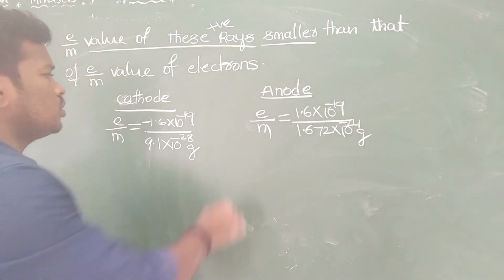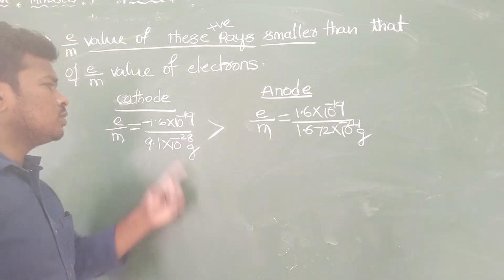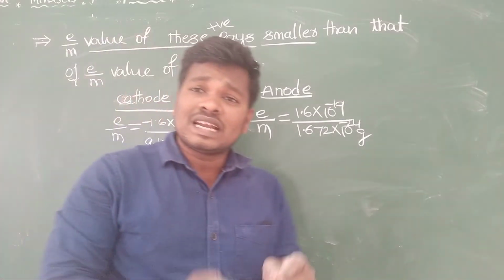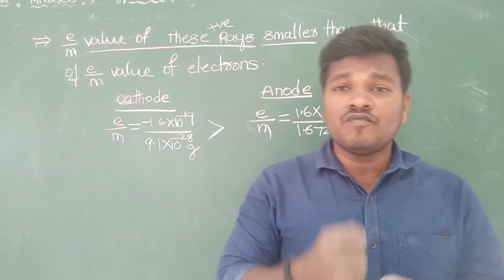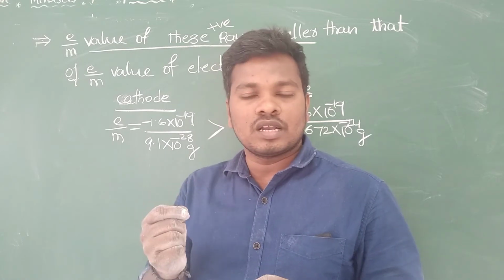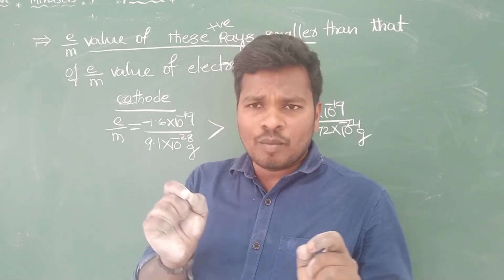By this you can easily say that the numerator is the same, but the denominator is higher here. The mass of the electron is negligible compared with the mass of the proton. The charge quantity is similar, with opposite sign only.